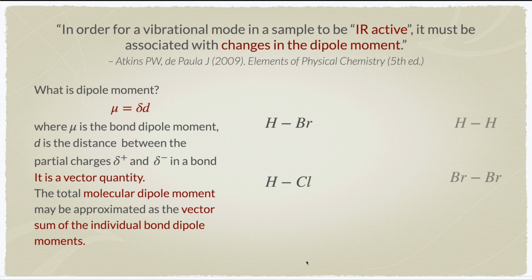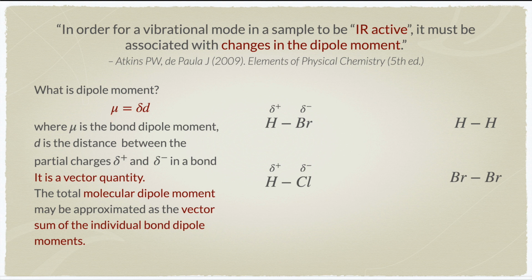If they are of the same atom, as in a simple diatomic molecule, the bond will not be polar. Then the partial charge will be 0 and the mu value will be 0, so there will be no dipole moment. But if a bond is polar, then we have a partial positive charge and a partial negative charge, so this will have a dipole moment.